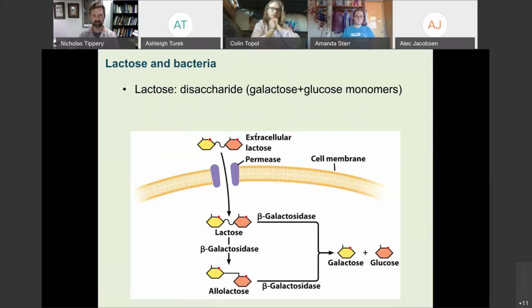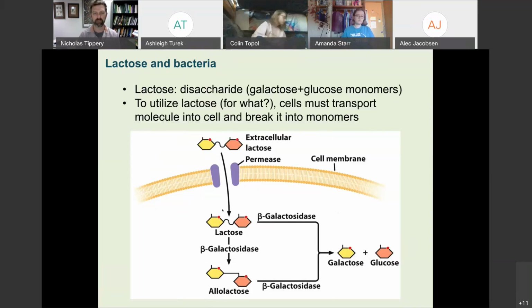And when bacteria cells encounter lactose, they can respond to that by making the enzymes that break it down. So lactose is kind of a rare sugar to encounter. We talked previously about lactose intolerance.